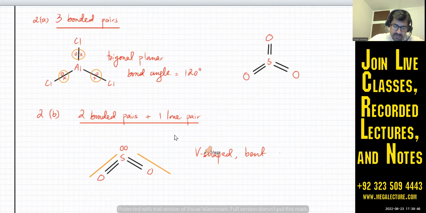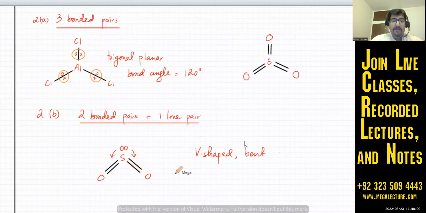अच्छा, plus वो बात ठीक है कि I told you that the lone pairs, because they are closer to the atom, they will repel or they will exert more repulsion. ठीक है, they will exert a greater amount of repulsion. What that will do is कि the oxygens will be pushed closer to each other. So these oxygen over here, they will be pushed closer to each other. So the angle over here, previously the angle was 120, but now the angle is going to decrease very slightly. It's going to become somewhere between 117 degrees to 119 degrees.